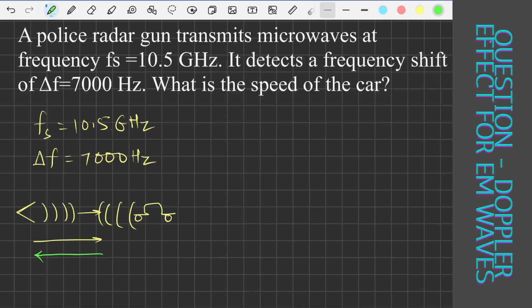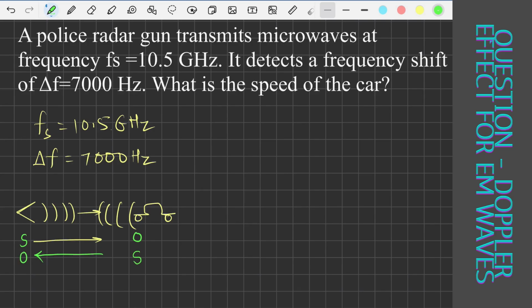So two steps. First one, this radar is acting as a source and the vehicle is acting as an observer. Now when the signal reflects back, the vehicle acts as a source of this reflected signal and the radar acts as the observer.